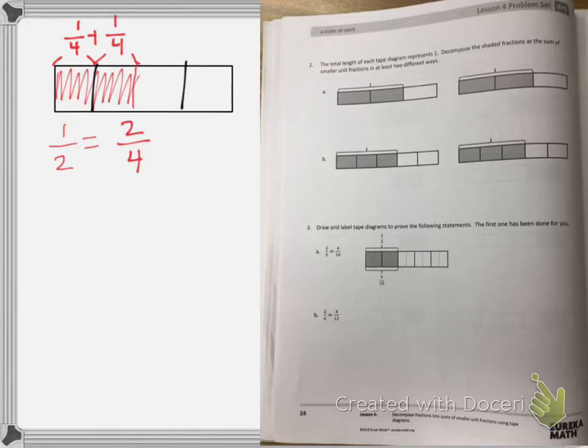They are 1/2, except we are decomposing 1/2 into smaller unit fractions and comparing them, seeing that 2/4 can be 1/2 as well. So that's what we'll be doing today. It's breaking down these fractions and decomposing them using smaller unit fractions.